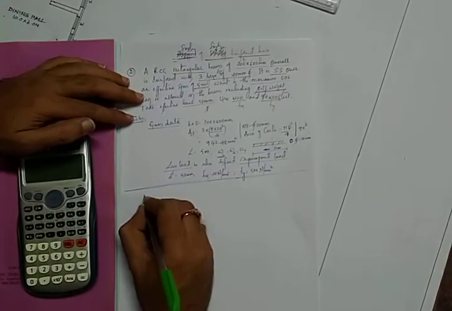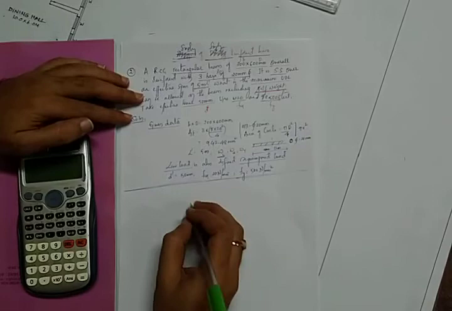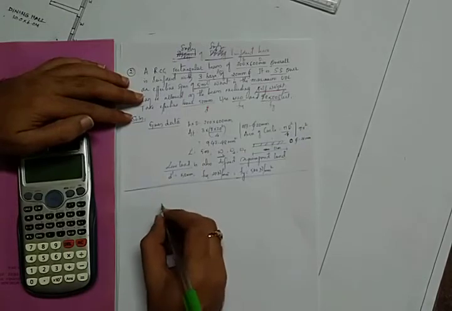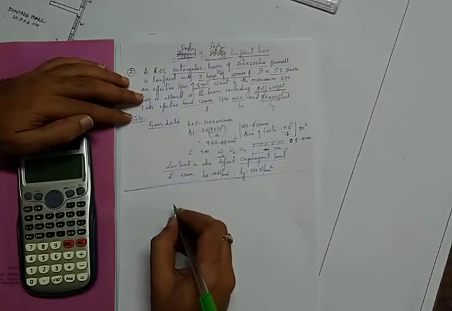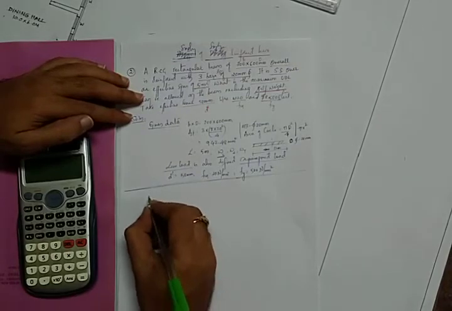I will check whether this is an under-reinforced, balanced or over-reinforced section by calculating the neutral axis depth and comparing it with the limiting neutral axis depth.